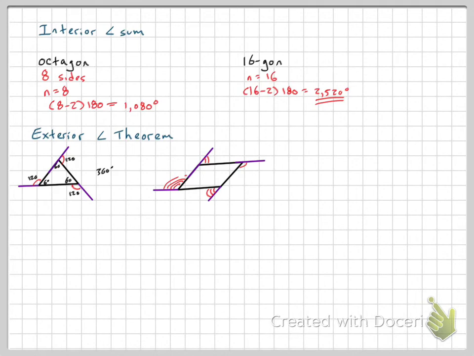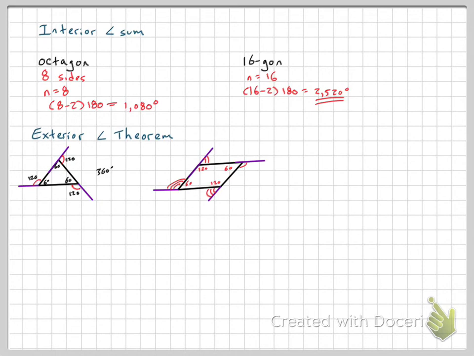So all these have to add to 360 degrees. Now let's say that this angle is 120, this angle is 120, which would mean that these would each be 60 degrees. 120 plus 120 plus 60 plus 60 is 360.